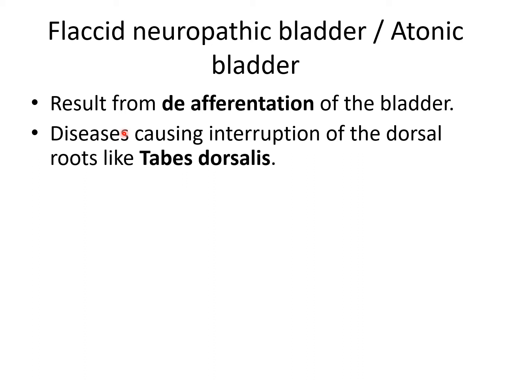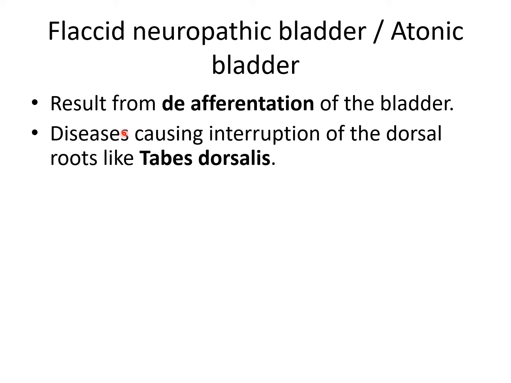Already discussed, tabes dorsalis is a condition in syphilis infection where it affects the posterior column of the spinal cord, and we know the fibers for the stretch sensation go through the dorsal column. So tabes dorsalis affects the dorsal column.